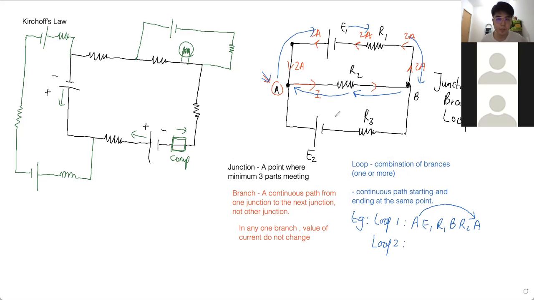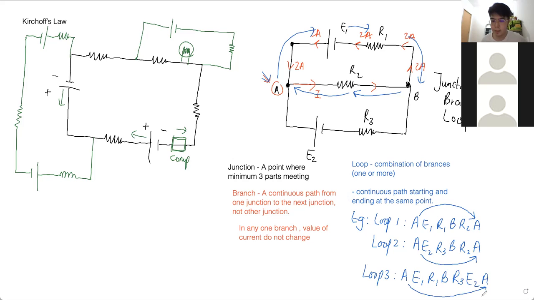I can go through the bottom, right? From A I go to E2, R3, B, R2 and then back to A. This is also a loop. Is there any other loop? Yes, there's one more. Loop number 3. I go around the outer circuit: A, E1, R1, B, R3, E2 and back to A. This is the third loop.